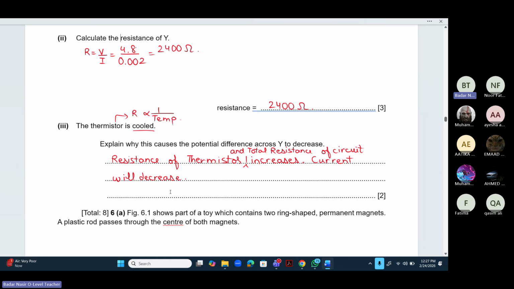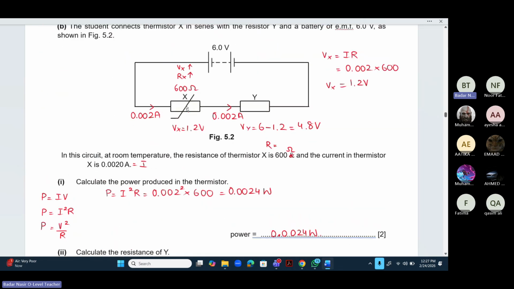अच्छा अब दो करंट डिक्रीज हो रहे हैं but still the potential difference across X will increase because the resistance of X has increased.